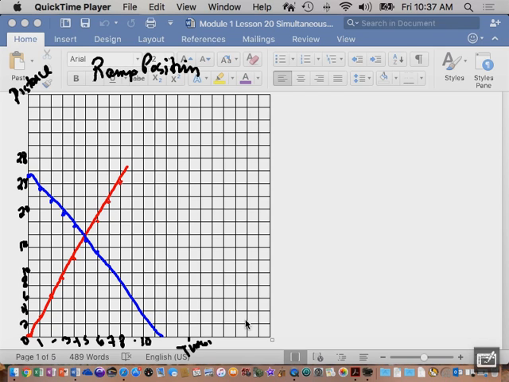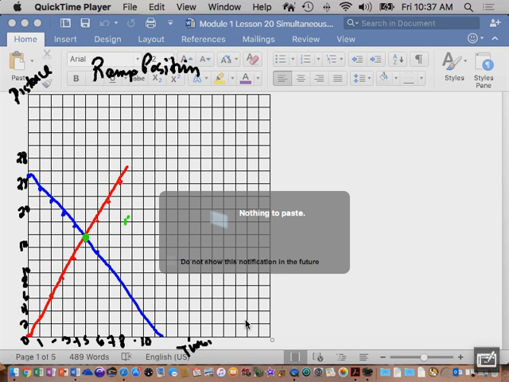The big point of emphasis for the last 2 days is the point of intersection. Now, mine looks a little bit sloppy there. I'm thinking 10, 12, 14, I'm thinking it's at 15, and this is 5, 15.